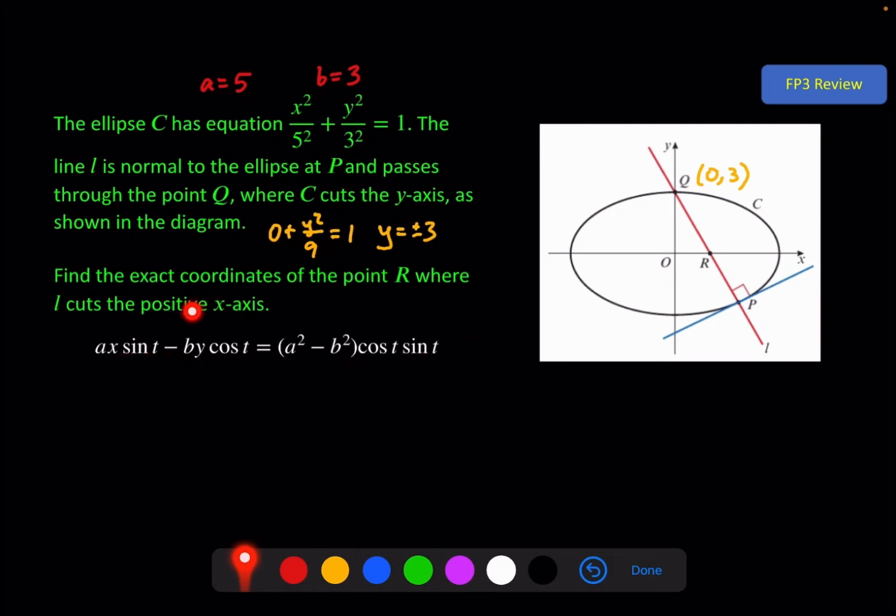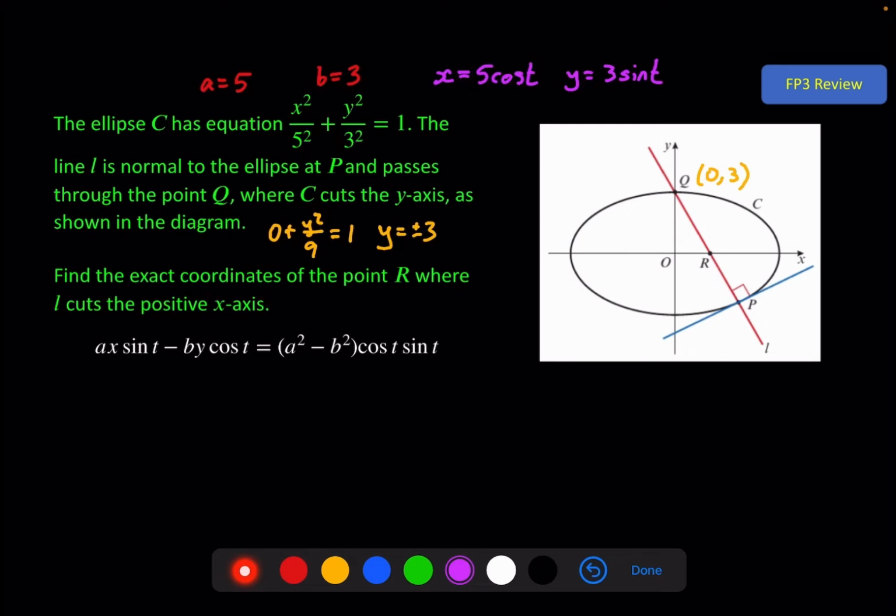Now I've put this on just to save time going through it, but if you hadn't memorized that, then so long as you've understood the previous video, you could very easily get that again by using the parametric equations x equals 5 cosine t, where t is the parameter, y is equal to 3 sine t, and going through the process that we talked about in the previous video. Parametric differentiation, find the gradient of the tangent, use m1 m2 equals minus 1 to find the gradient of the normal, put it into the line equation.